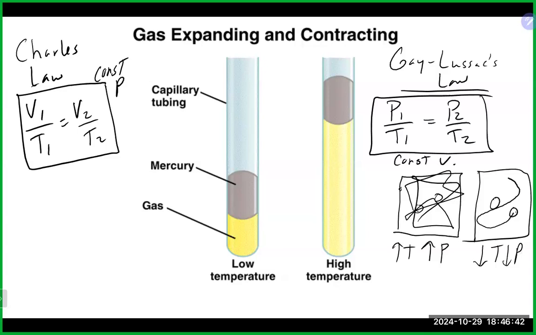In the Gay-Lussac relationship, the volume is fixed. It's a rigid container, nothing's going to move. As you increase the temperature, everybody's flying around faster, we'll have more collisions, and more pressure. As you lower the temperature, everybody flies around slower, with fewer collisions and less pressure.